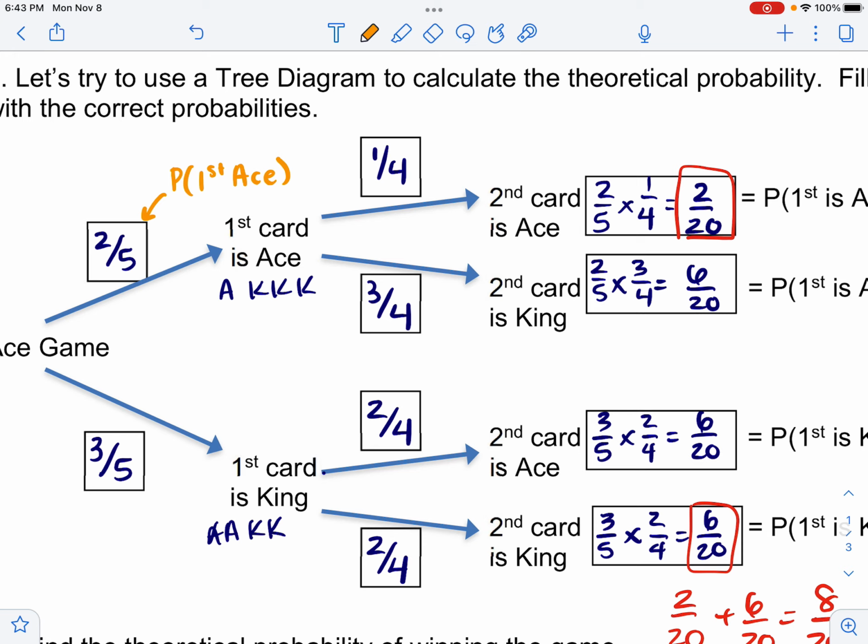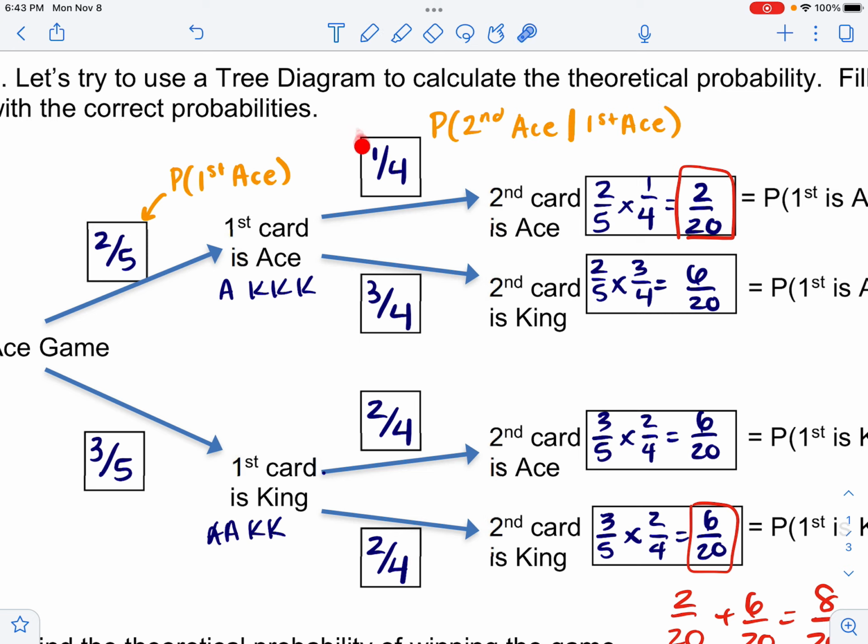That's because right now, this is the probability that the second card is an ace, but given that the first one is an ace, right? Because technically down here, this is a second card ace as well, but these two probabilities are different.